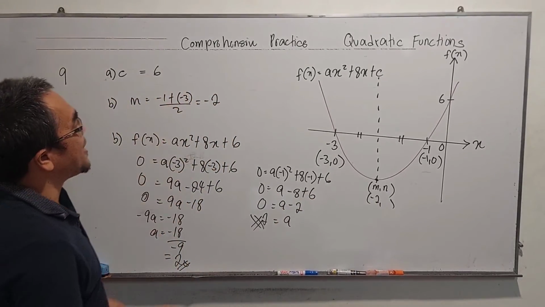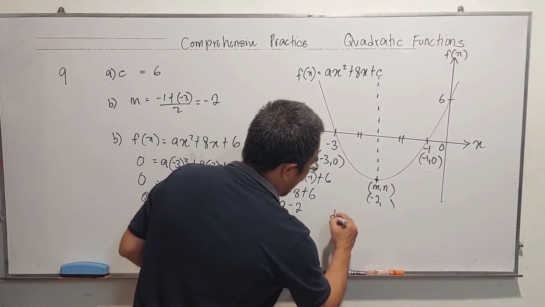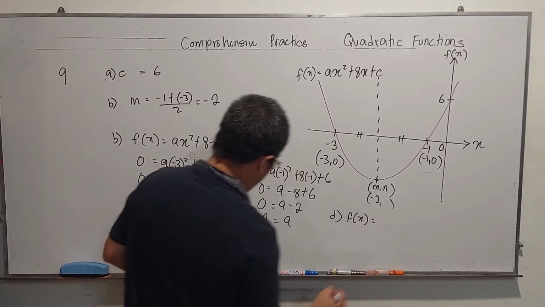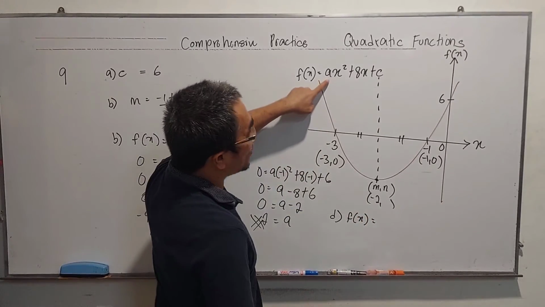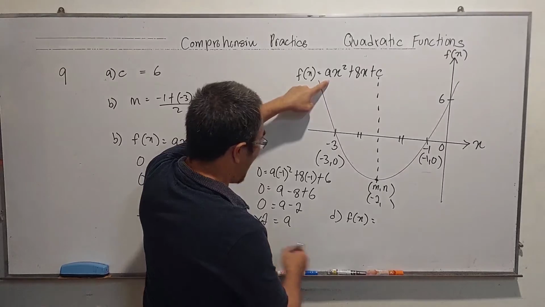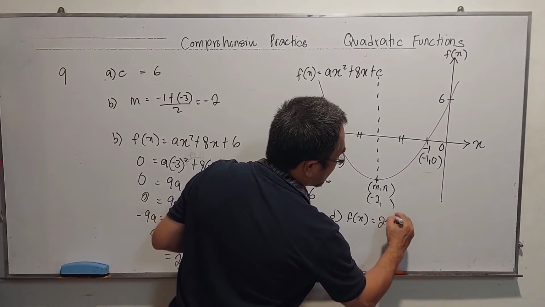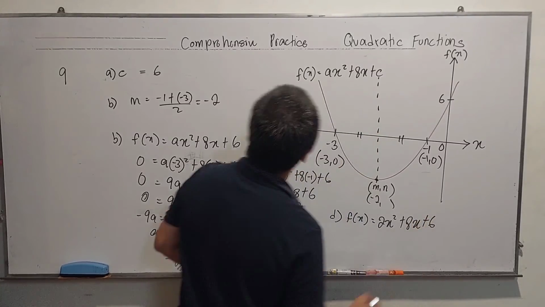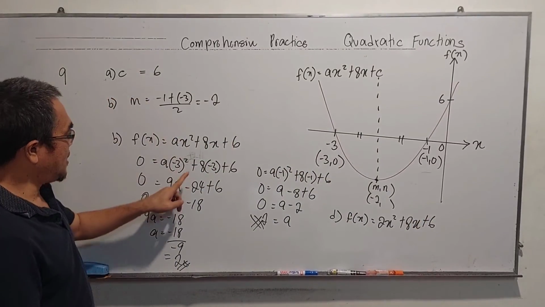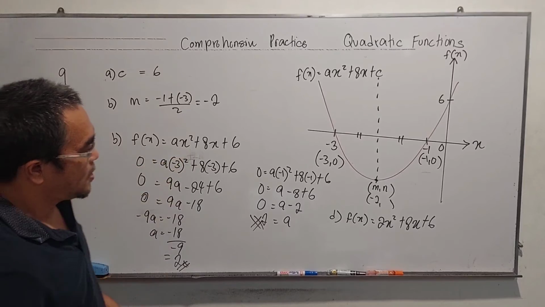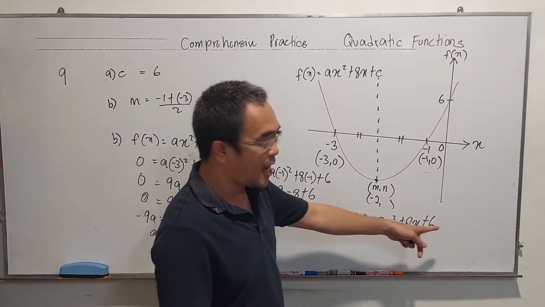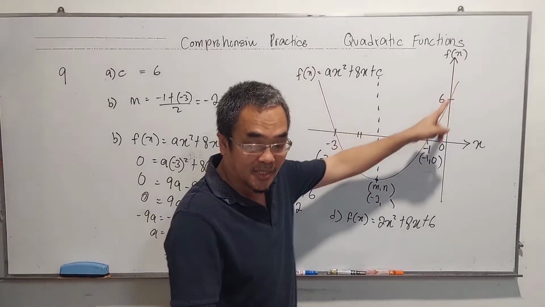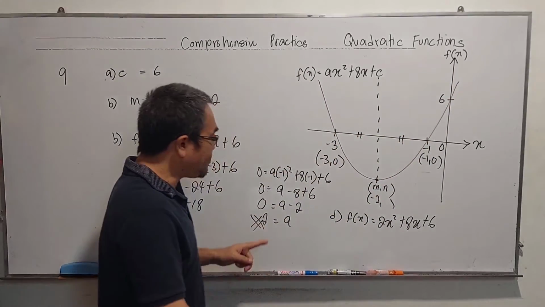For question D, you replace a as 2, so f(x) is 2x squared plus 8x plus 6. Now you do not have any unknown except x, because x is the variable, which keeps changing.